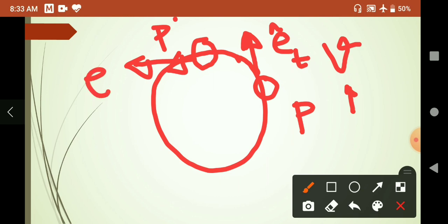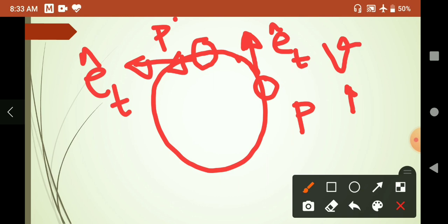So this will be the direction of the ET vector when the particle is at P prime. You must understand that the unit vector, the tangent, which indicates the tangential direction, always changes with respect to time. Okay?